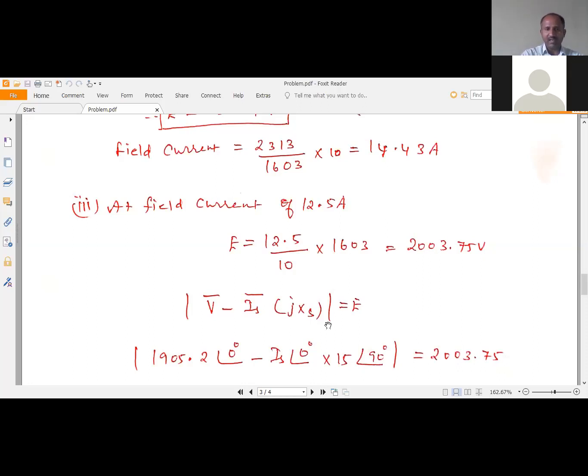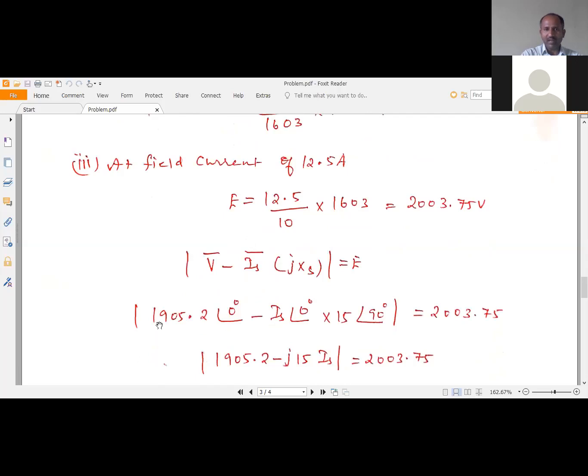So substitute the value of V, which we have obtained earlier, before subdivision 1, that is V equal to 3.3 into 10 power 3 divided by root 3. And Is is at an angle of 0. We want to find this Is value.